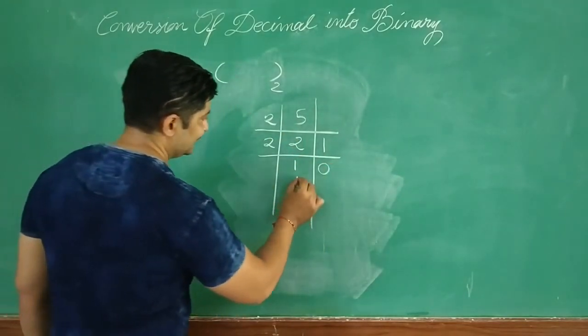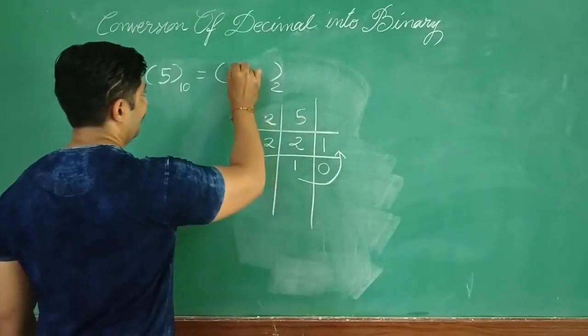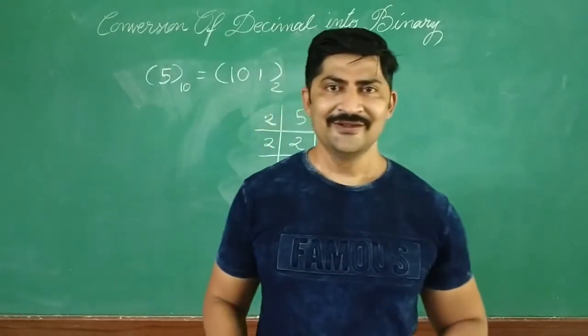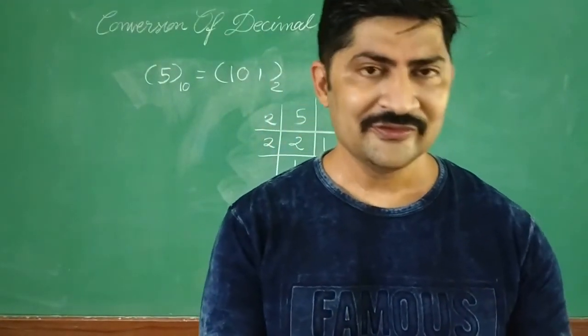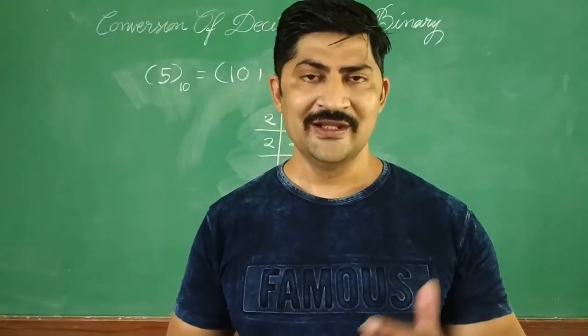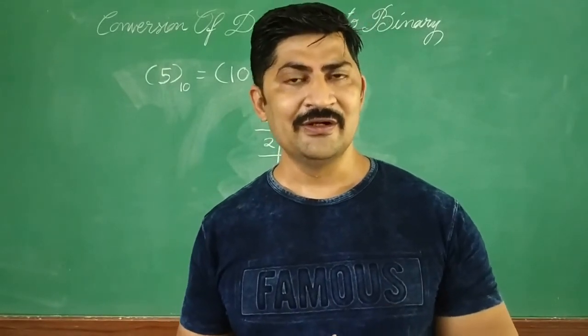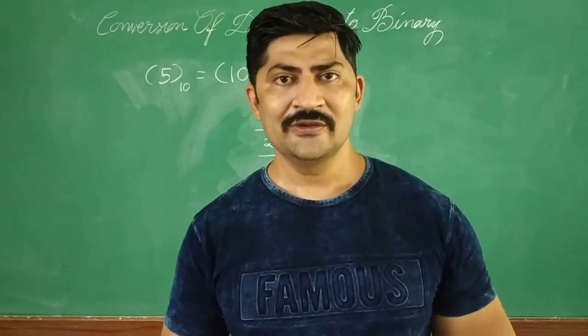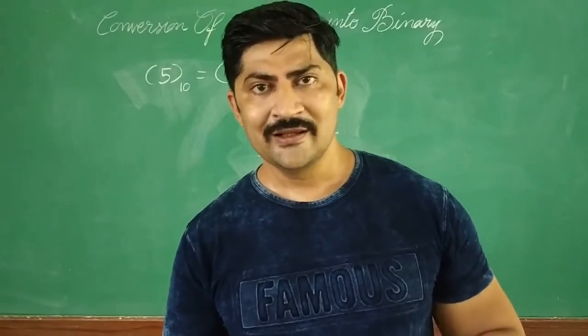So the answer is 1, 0, 1. Very simple, isn't it? So we also successfully cross-checked that 101 is equal to 5 and 5 is equal to 101. This is how the numbers are converted.